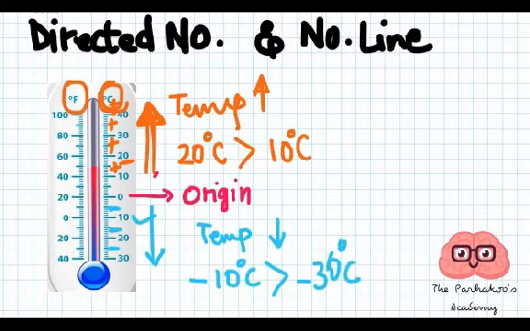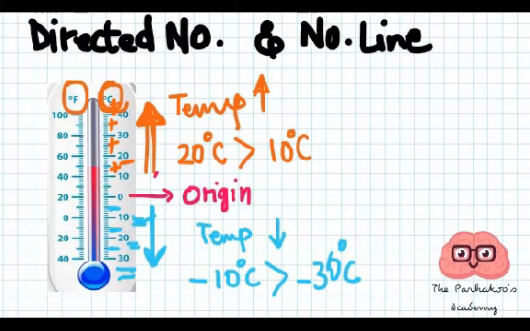You know now very well that as we move down, the value is increasing, but due to the direction, the overall number is basically decreasing, right?